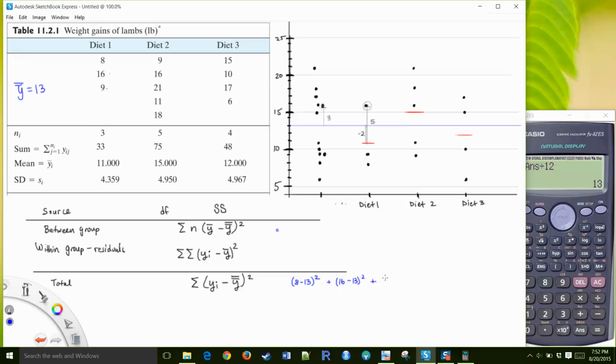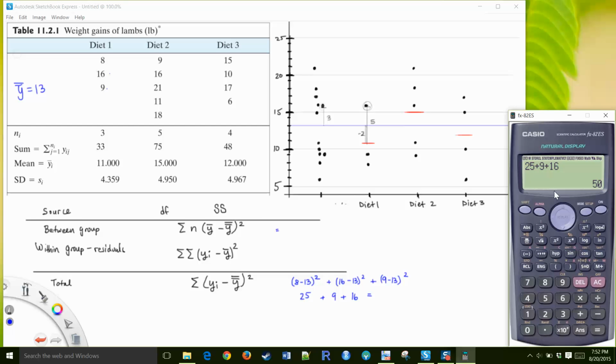Okay, and we're going to break this apart into two pieces. So we're going to look at each data point and see how far it is from its own group mean. So I say 8 minus 11, let me write it up a little bit higher. 8 minus 11 squared plus 16 minus 11 squared plus 9 minus 11 squared.